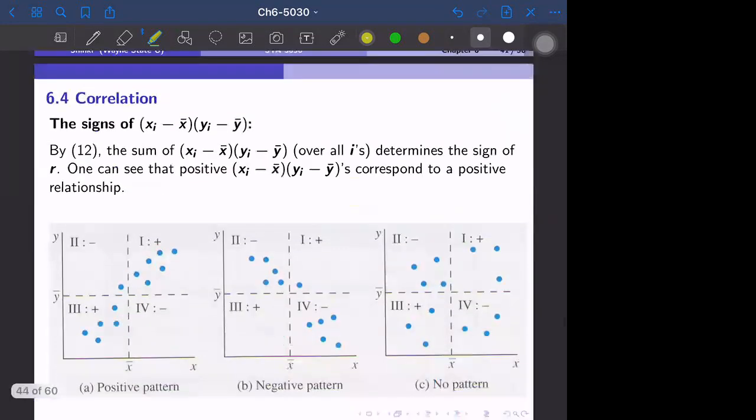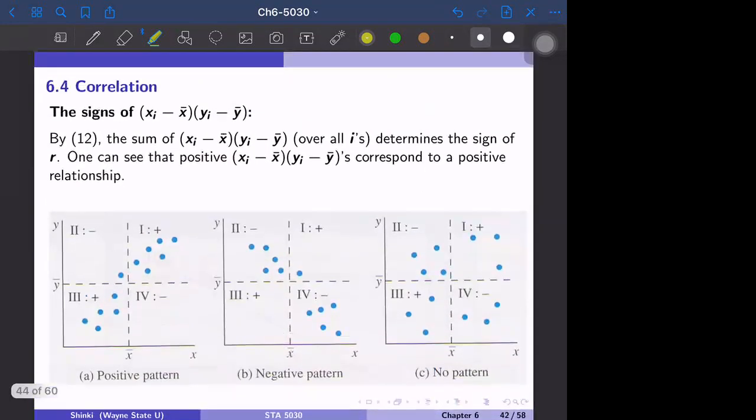And why does this property hold? This is one explanation. Except for the denominator, the correlation coefficient is the summation of xi minus x bar times yi minus y bar. The sign of each component, this product, depends on the sign of xi minus x bar and yi minus y bar.